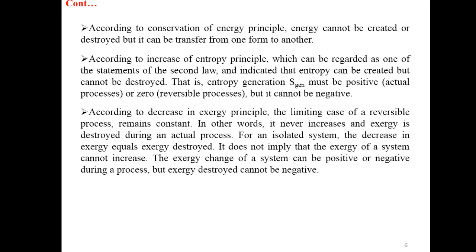According to increase of entropy principle, which can be regarded as one of the statements of the second law, entropy can be created but cannot be destroyed. That is, entropy generation must be positive in case of actual process and zero in case of reversible process, but it cannot be negative. According to decrease in exergy principle, the limiting case of a reversible process is that exergy remains constant.